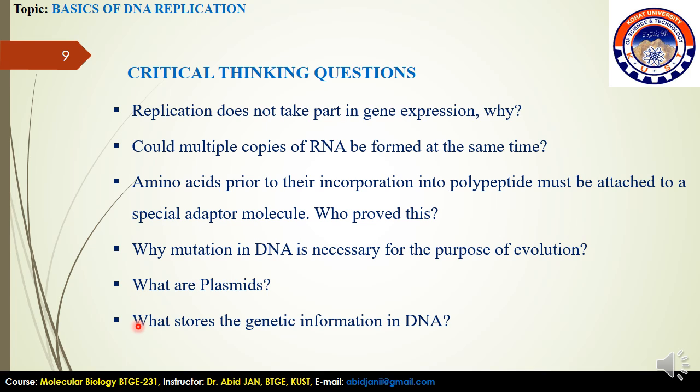What stores the genetic information in DNA? Genetic information is stored in the sequence of nitrogenous bases, as there are four types: adenine, thymine, guanine, and cytosine.